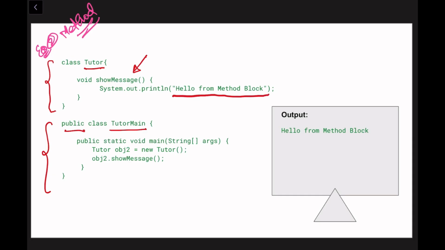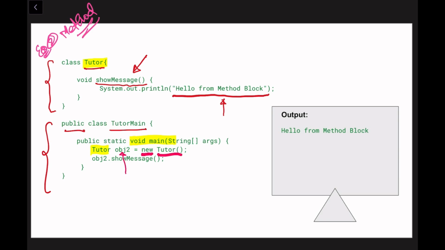To print hello from method block to the output, we need to call this showMessage method. So for that, we go inside the main method. Here we are creating an object of the Tutor class, naming the object obj2, and with the help of the new keyword we are calling the constructor.